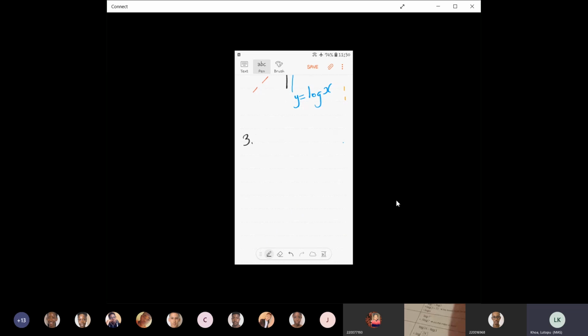In 3.2, you are told to sketch e to the power of x and ln of x. So y is equal to e to the power of x and y is equal to ln of x on the same graph. I'll give you 2 minutes. Go ahead and try that one, and then we'll see if you are correct.